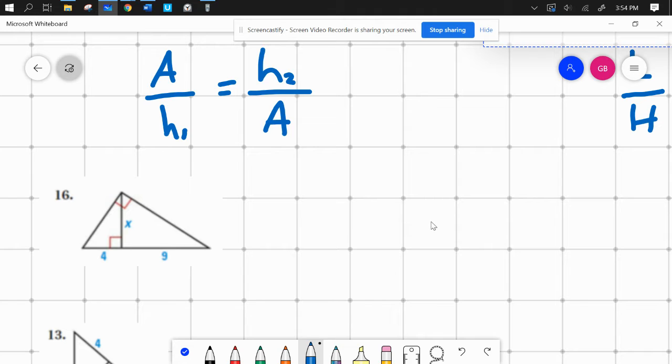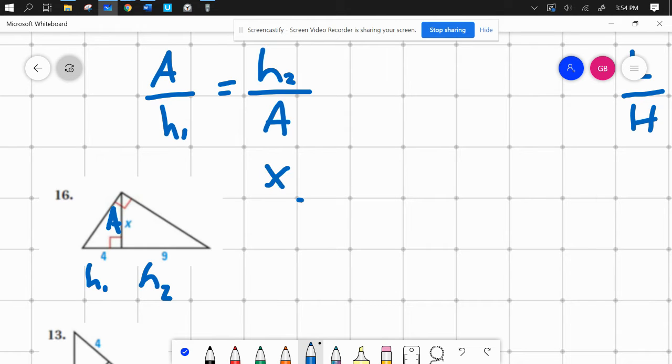So the altitude is x, and the altitude is the geometric mean of the segments of the hypotenuse. So one of these would be h1 and one of these would be h2. And we have everything to plug into the formula.